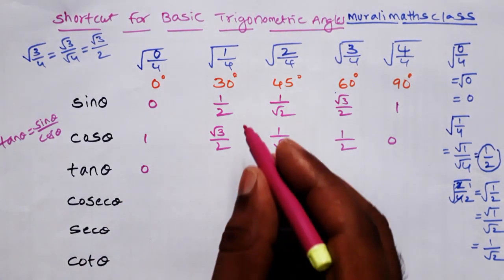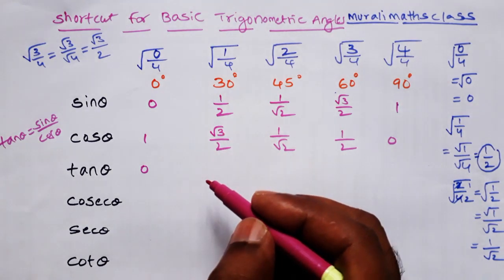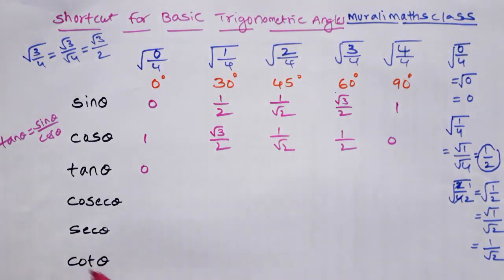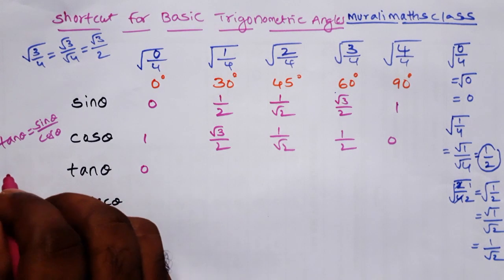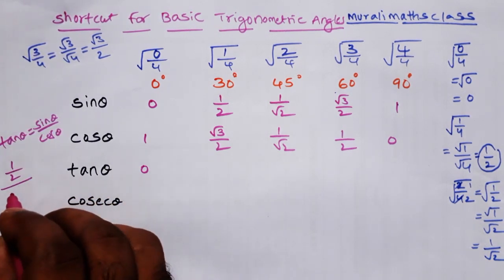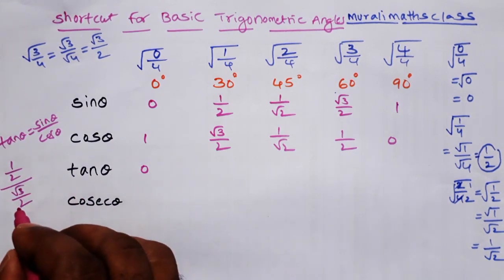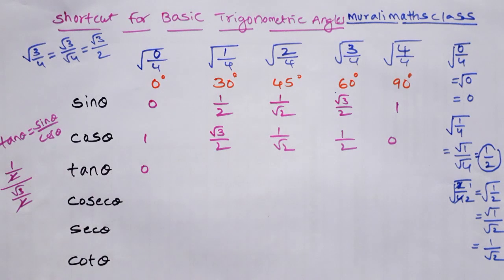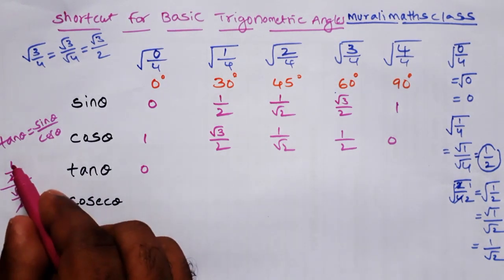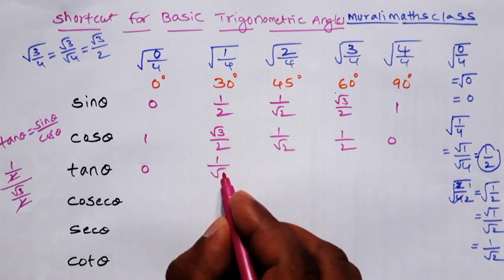Right here, 1 by 2 divided by root 3 by 2. Both we have to divide. So here I will divide. 1 by 2 divided by root 3 by 2. 2 cancel. Remaining how much we got? 1 divided by root 3. So 1 by root 3.